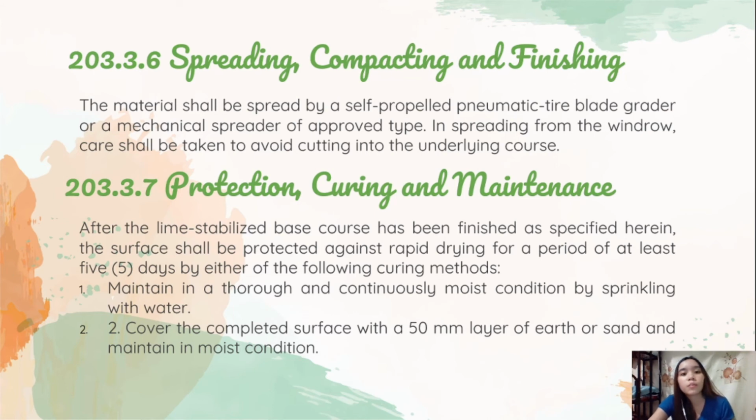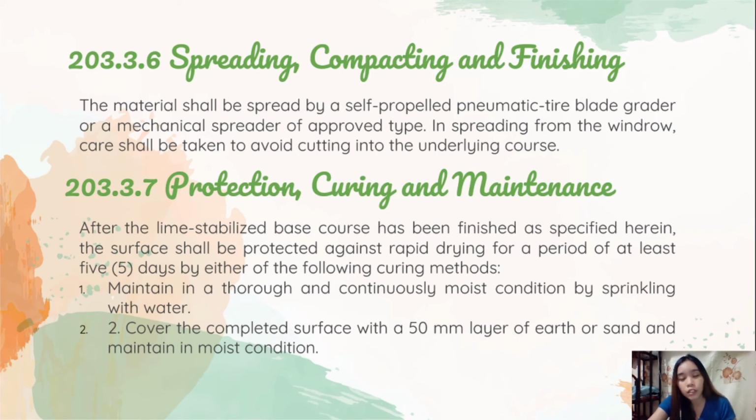Then next is the spreading, the compacting, and the finishing. So the material shall be spread by a self-propelled pneumatic tire blade grader or a mechanical spreader of approved type. In spreading from the windrow, care shall be taken to avoid cutting into the underlying cores.